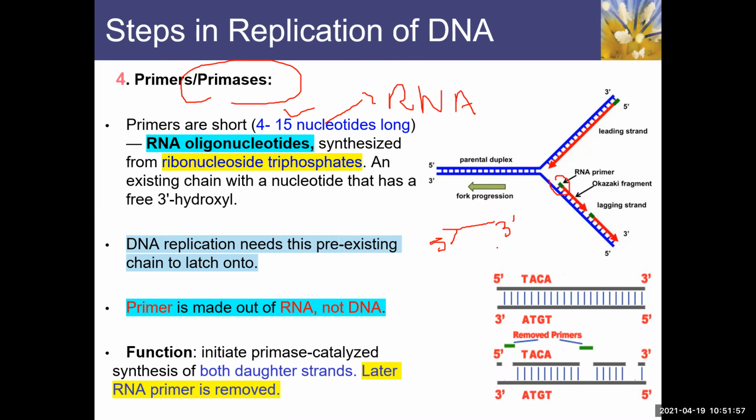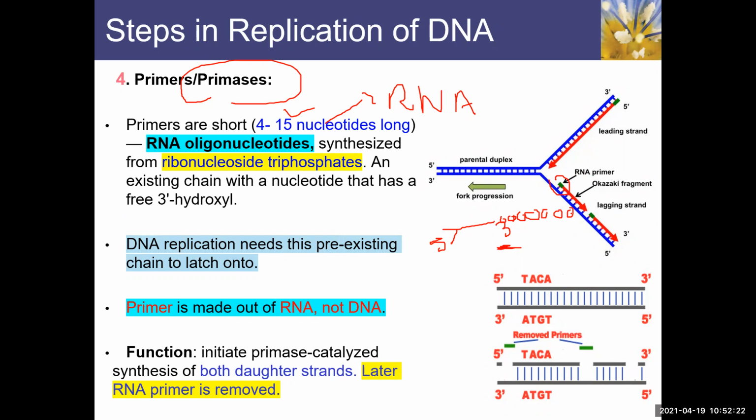So it's going to provide us this 3' end, and the new nucleotides will be added over here, like this, like this, like this. So extension of the primer would take place, right? That's why we need a primer, because DNA polymerase will not be able to synthesize the DNA strand unless and until a primer is present. So primers are very, very important.